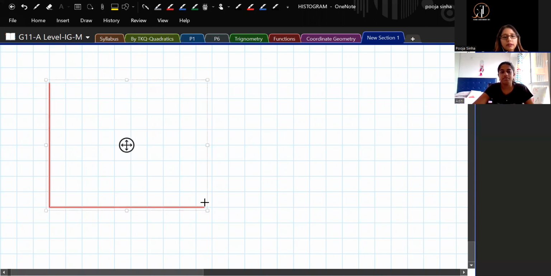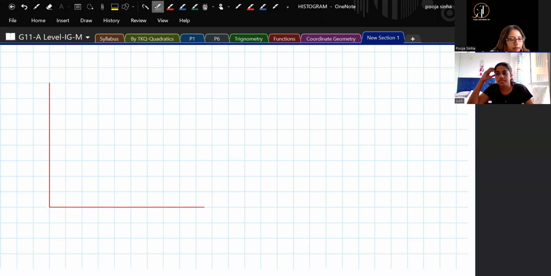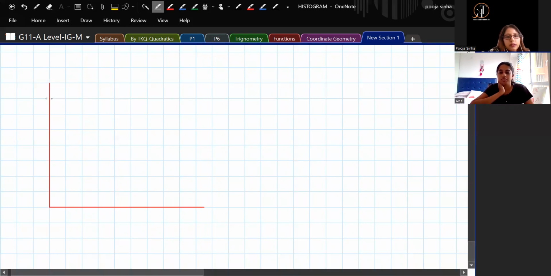We have this data, we have this graph, and suppose the topmost is 120, and the question says: number of cars which are using less than 20 liters. Use the same graph, the graph that you have made.